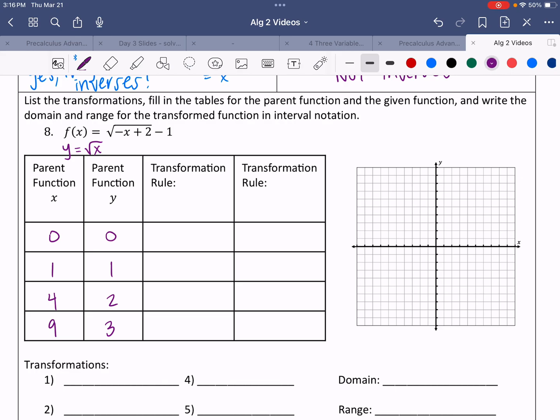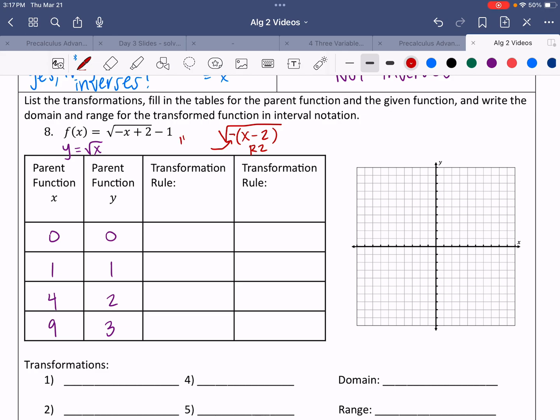Okay, the transformations. The other part that was missed still is noticing that under the square root, there's a negative that has to be factored from that expression. So that negative means I'm actually shifting to the right by 2 once I factor it out.